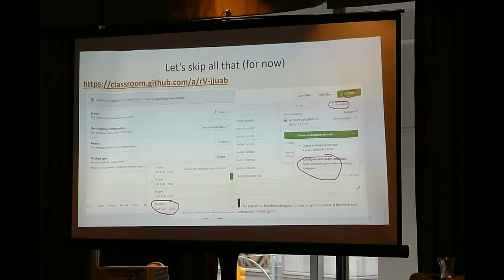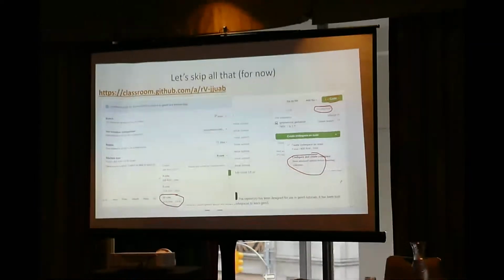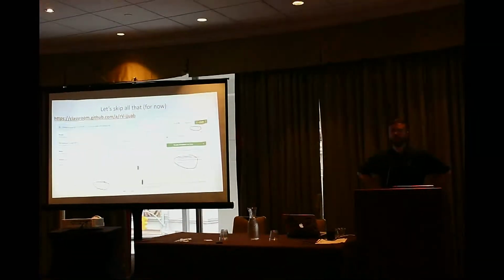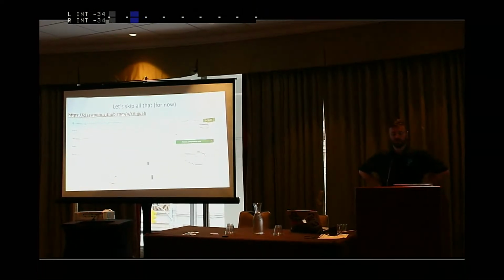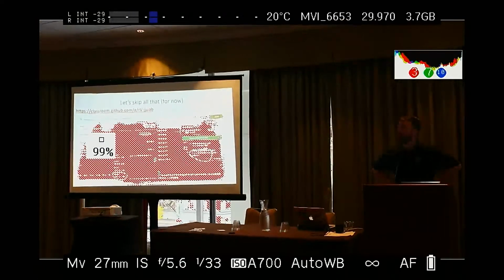So while everyone's setting this up, I'll briefly describe what I'm going to talk about. I'm going to talk about the gem5 standard library. As Jason mentioned, it's something in gem5 that has existed for roughly a year now.